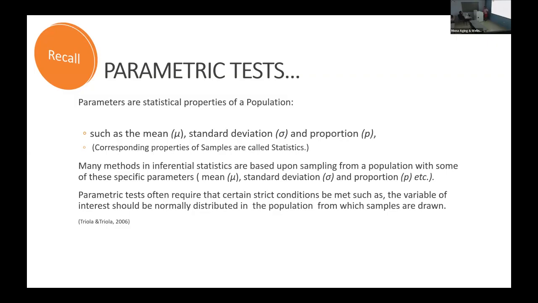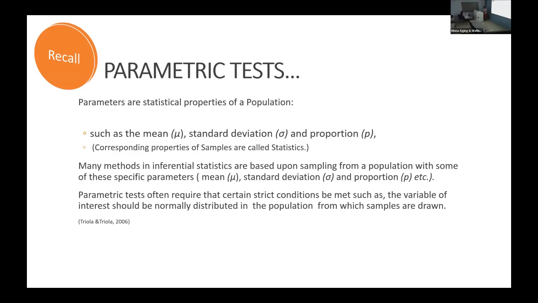Those are called statistics. For the mean, it's x bar, for the standard deviation, it's s, for the variance, it's s squared, and for the proportion, it's pi. Now, many methods in inferential statistics are based upon sampling from a population with some of these specific parameters.